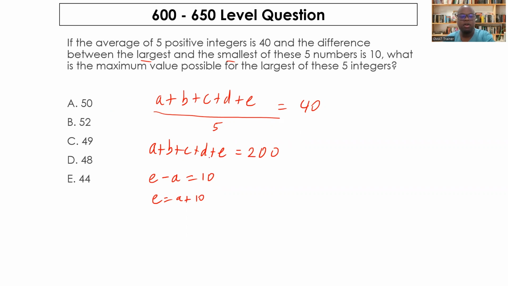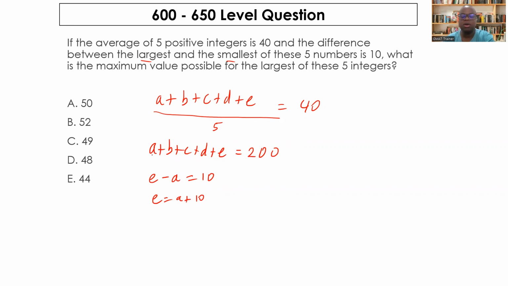The minimum value possible for all the other values in this set of positive integers is if they are equal to the minimum value possible. So you can make B, C, and D be equal to A. And then now E will be A plus 10.